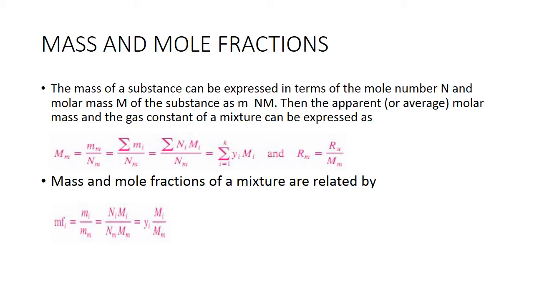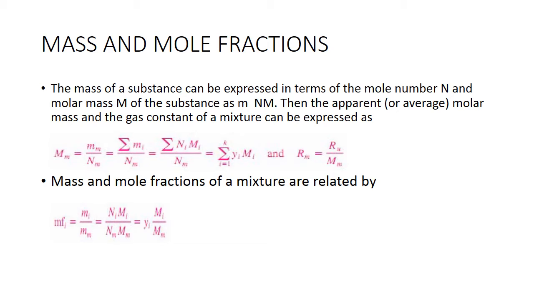You know that mm is the summation of all the components mi divided by nm, and each component mi can be written as ni multiplied by Mi. So, this overall can be written as the summation i equal to 1 to K of yi Mi, and Rm, the gas constant, is nothing but the ideal gas constant divided by Mm, the molar mass of the mixture.